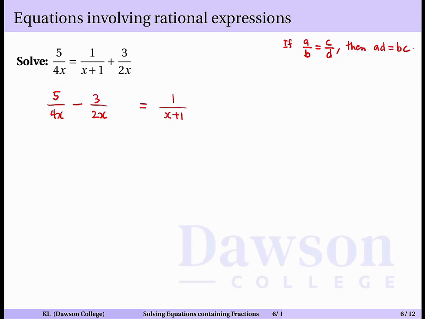So what I was saying earlier is that if I multiply both the numerator and denominator of this expression only, then we will have 5 over 4x minus 6 over 4x equals 1 over x plus 1.